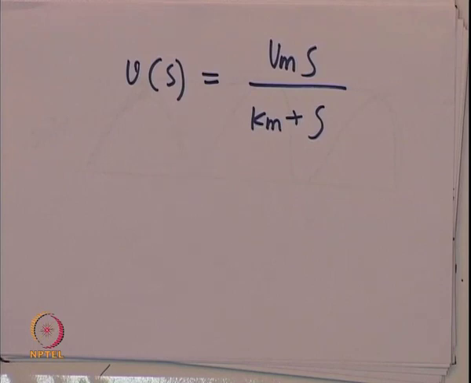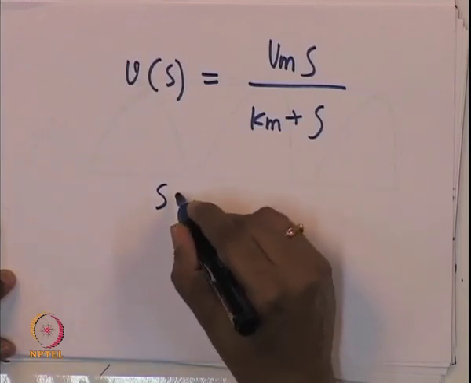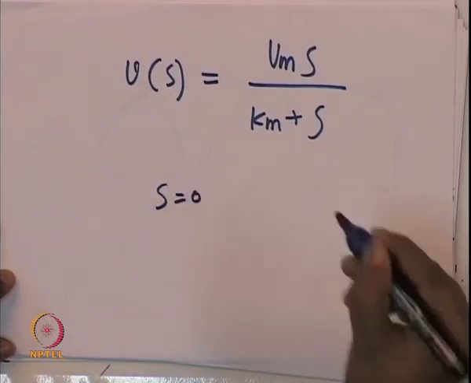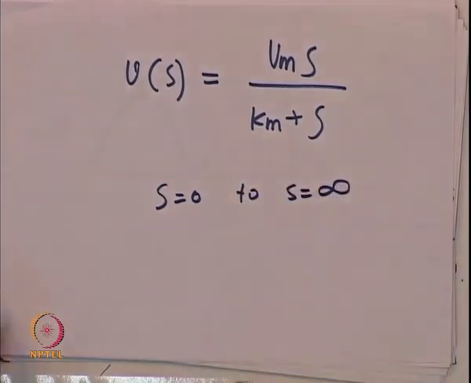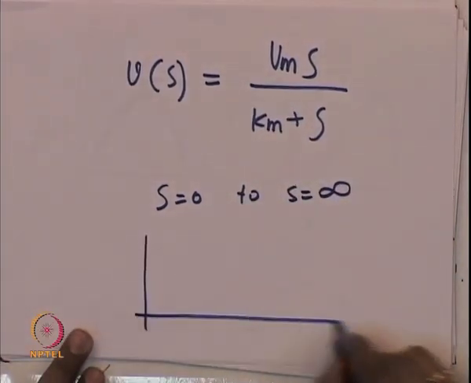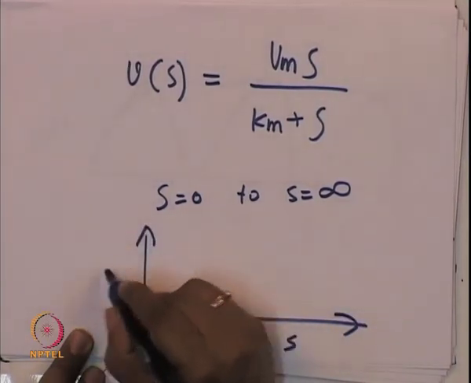Whenever we want to plot it, typically s will go from 0 to infinity, so 0 to a very large number. If you plot s from 0 to infinity, we have to plot V of s.